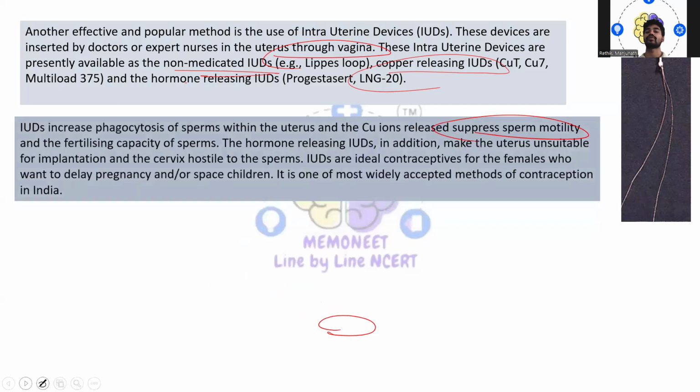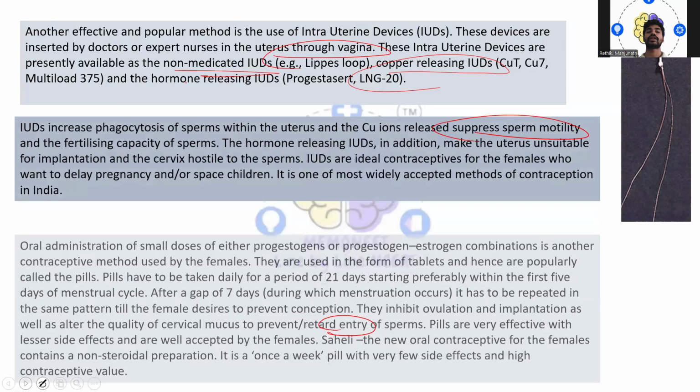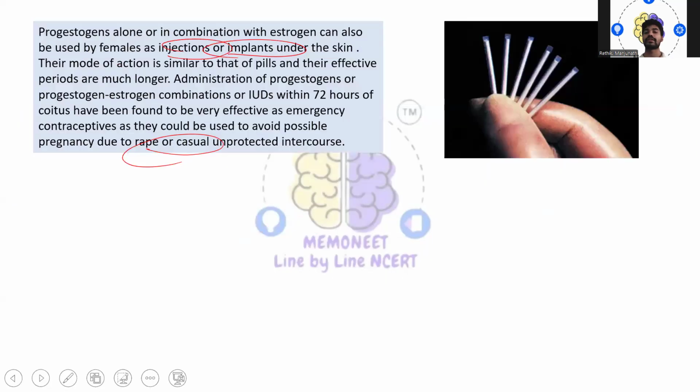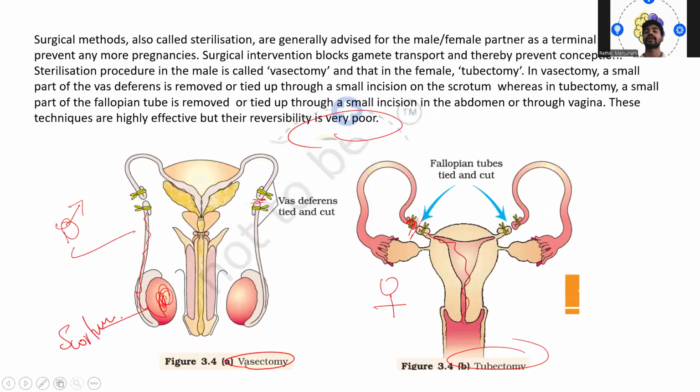Then pills, when they can be administered, and progesterone along with injections. Also surgical methods, and their advantages and disadvantages. So all these concepts have been discussed in this video.